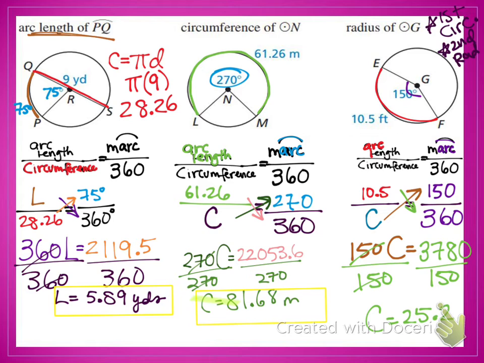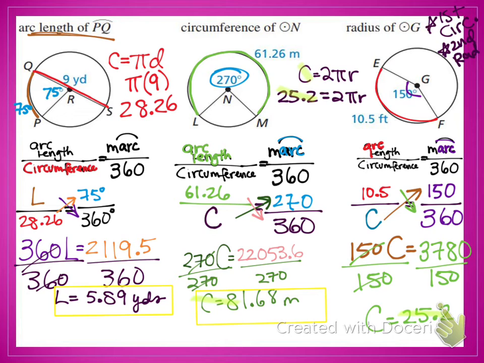Okay, so we don't circle that. We found something very helpful. We know the circumference. So then what can we do to find the radius? Correct. Use the 2 pi r formula. The circumference equals 2 pi r. I know that the circumference is 25.2. So plug in 25.2 equals 2 pi r.